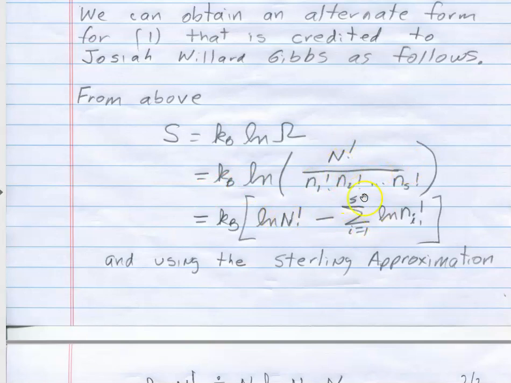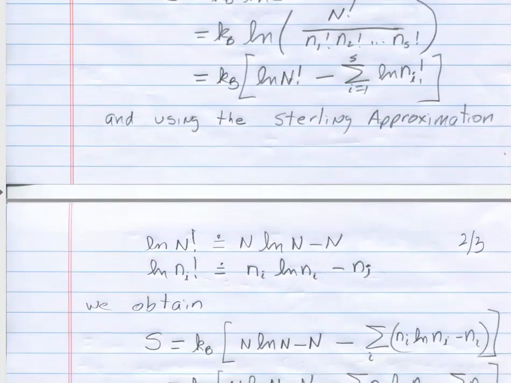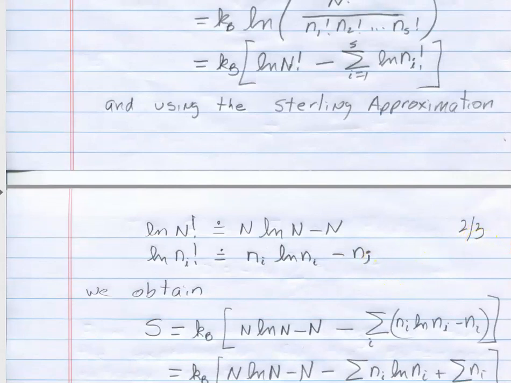Again, using properties of logarithms, that reduces pretty rapidly, as we've seen earlier. Then we can use the Stirling approximation, assuming all of these N's are very, very large numbers, an Avogadro's-number-type quantity of particles in our system.